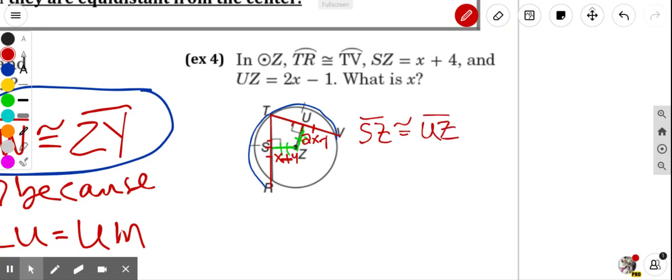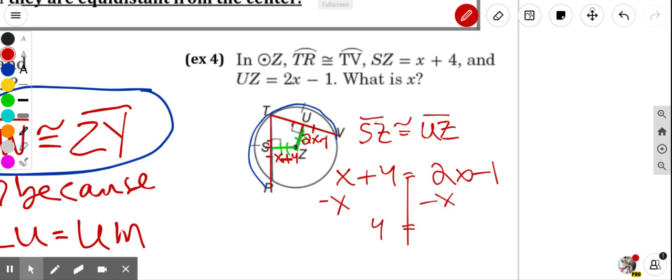Remember, because we were given the arcs are the same, the chords are the same, so the distance from the center is the same. So again, we're going to just set these equal to each other. x plus 4 equals 2x minus 1, and then solve for x. So I'm going to bring this x over to the right-hand side. So 2x minus x is x, and we have minus 1, and then we'll add 1 to both sides. So x is 5.